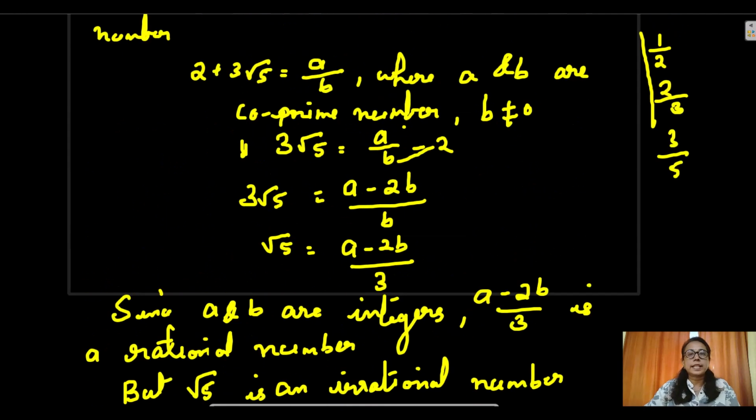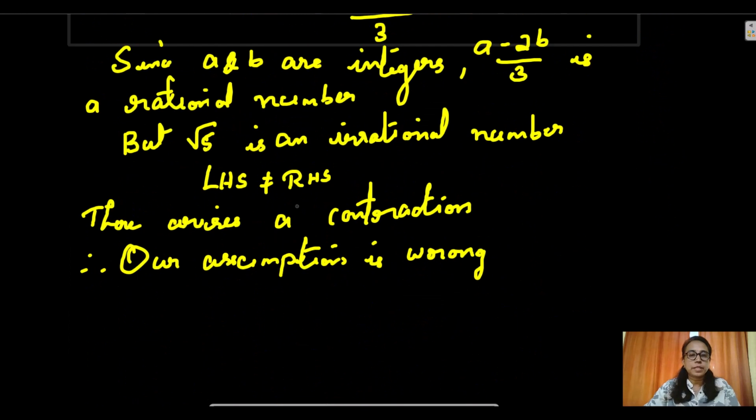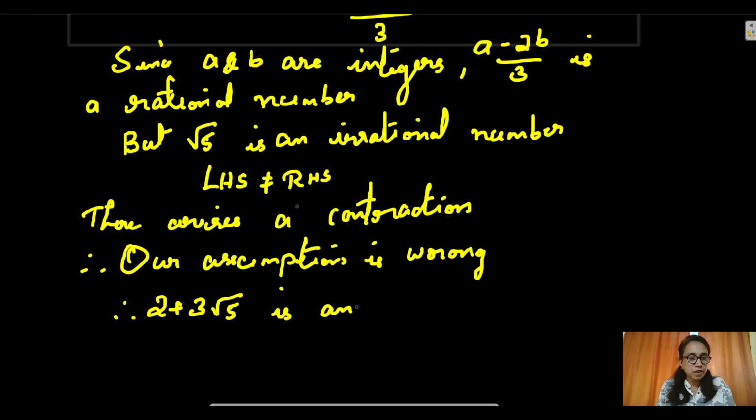So we can say that the number 2 plus 3 root 5 is an irrational number. Our assumption is wrong, but right from the beginning we assumed that it's a rational number. By taking that, from that stage, what we have proved is that LHS is not equal to RHS.